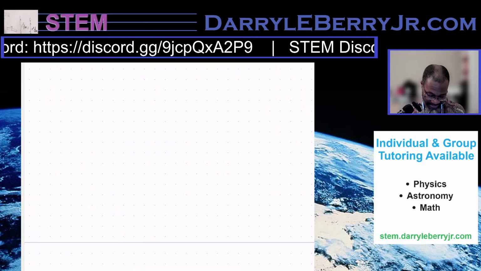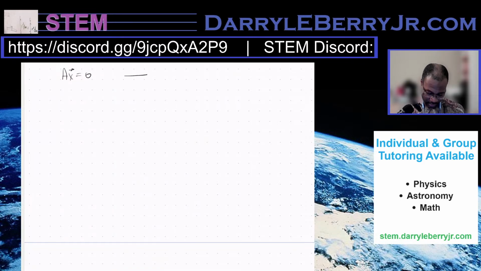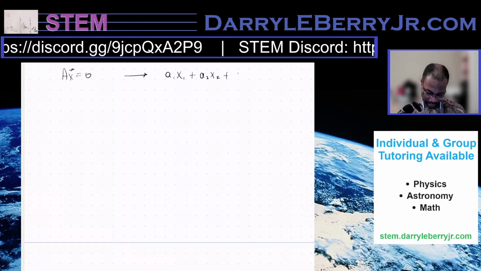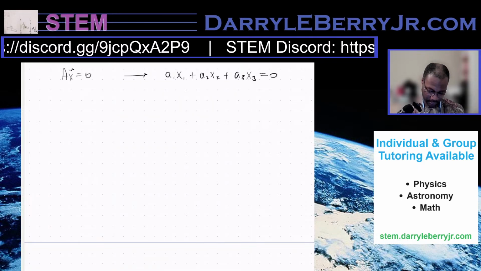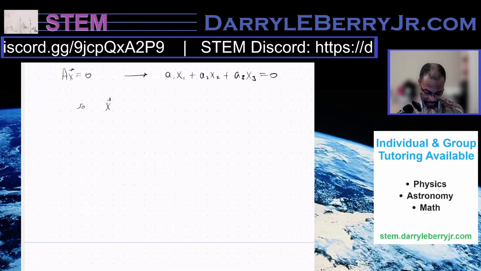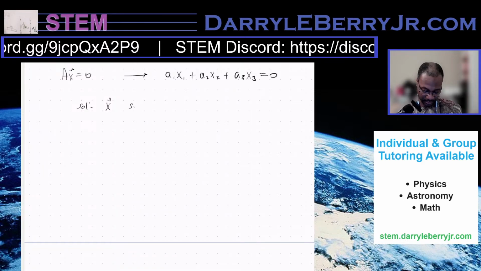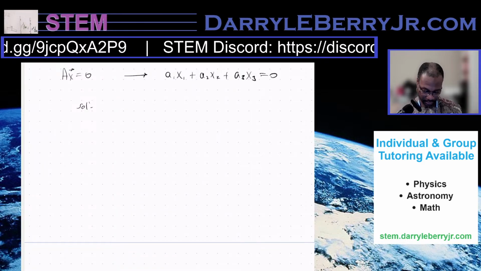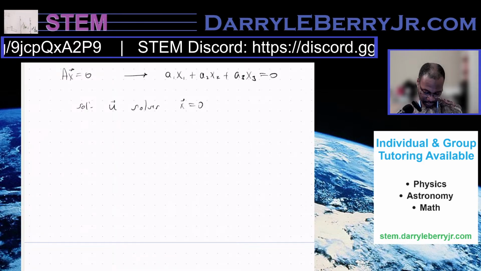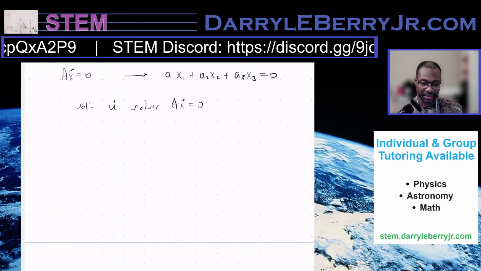So we have a homogeneous system, which is the same thing as saying A1 ... So we have a solution, X. So it's saying every solution of the homogeneous system, let's say, is given as a linear combination of vectors.